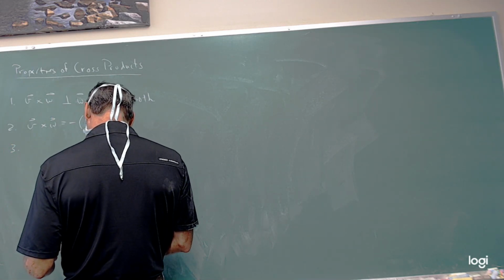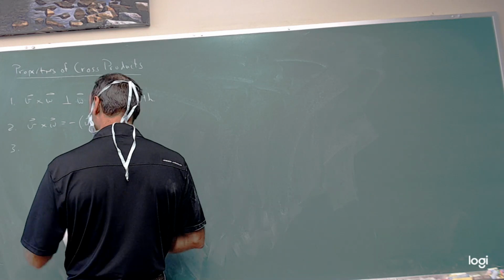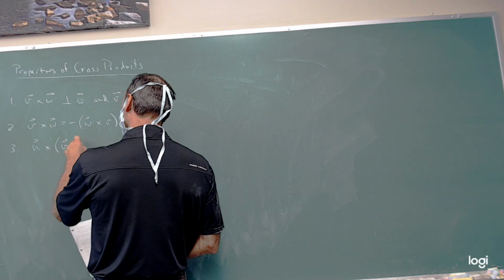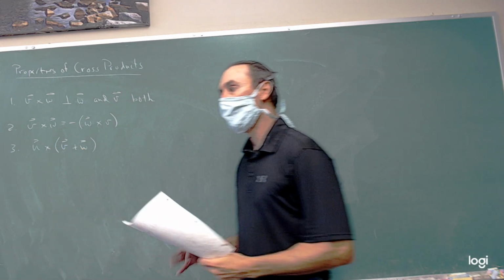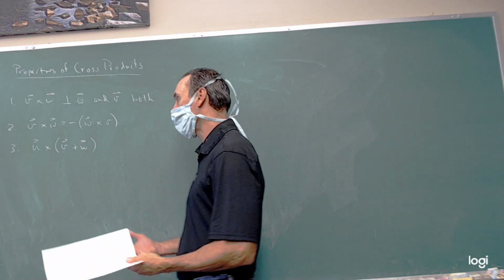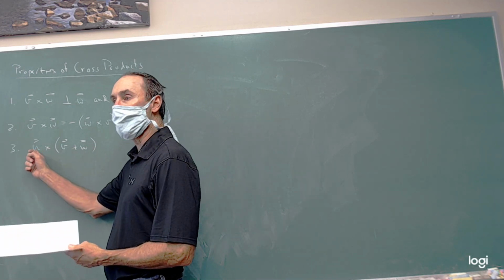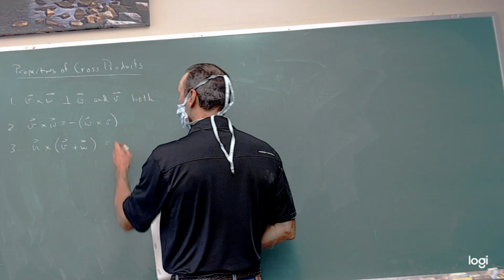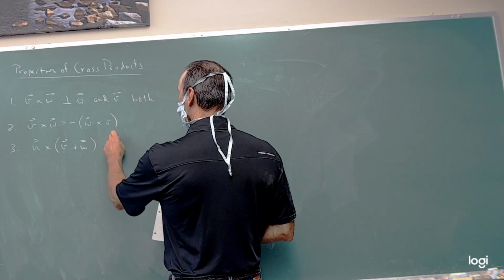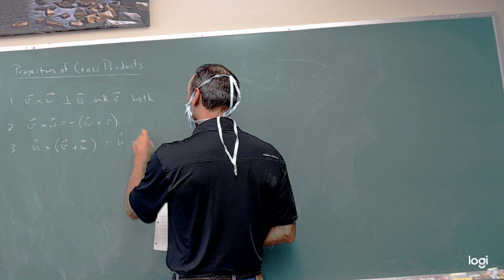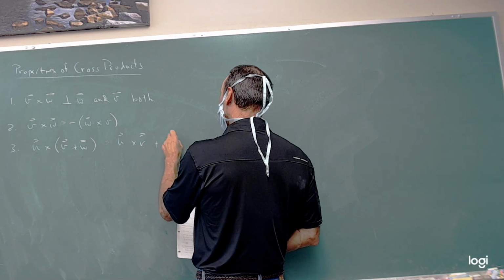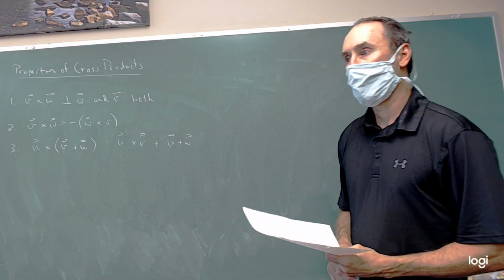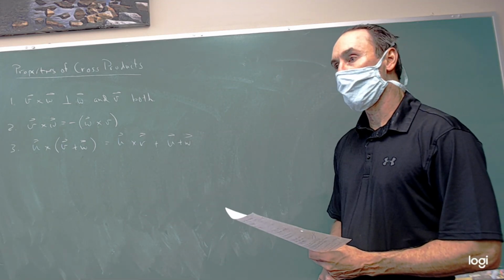So the third one is you can do this like distributive property, u crossed with v plus w. So remember, v plus w, you're adding two vectors, getting a new vector, and then in turn crossing that with u and getting a vector that's perpendicular to those. So you could also get that same vector by crossing it first with v, crossing it with w, and adding those results together. It's not totally obvious when you think about it, but it works.